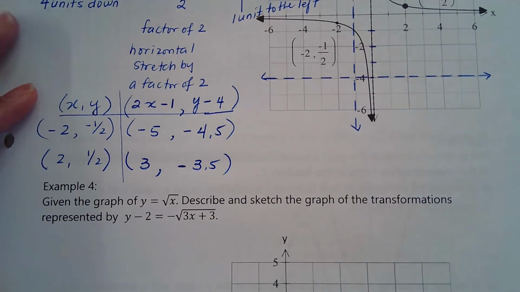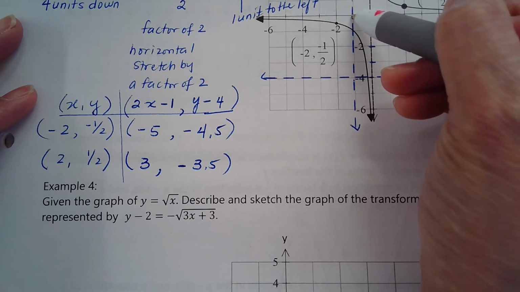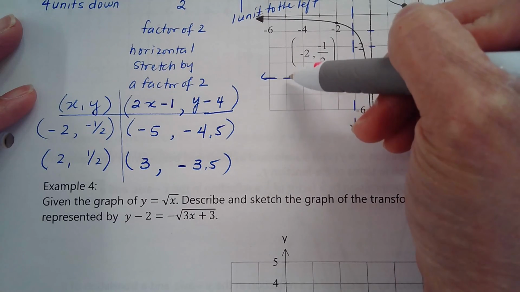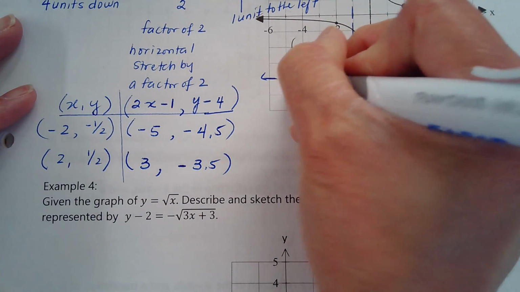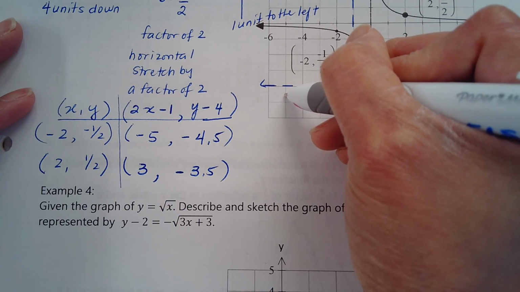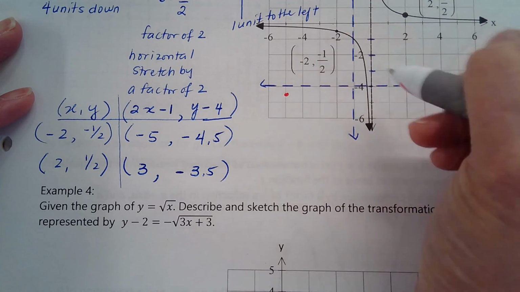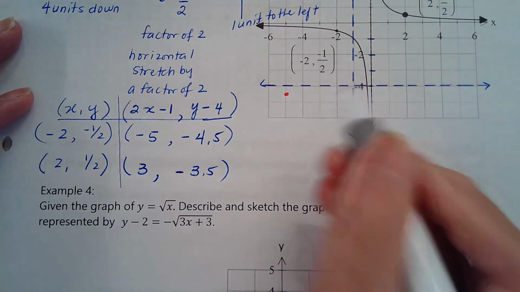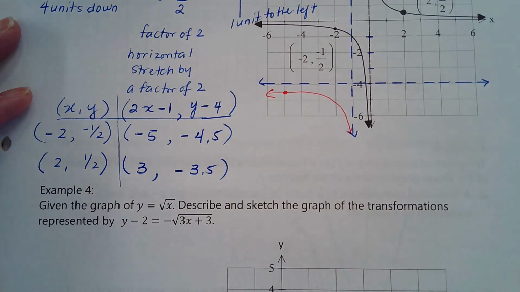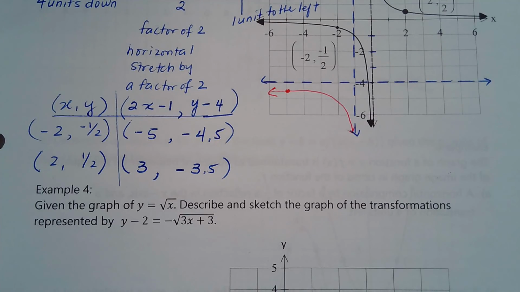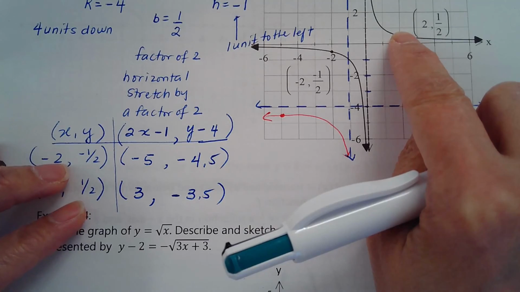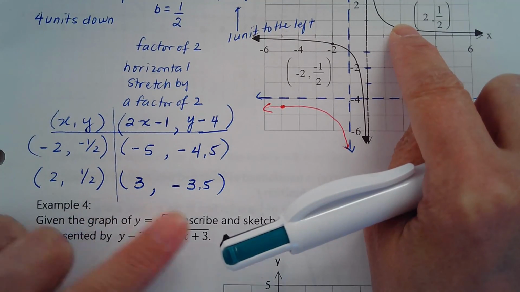So -5, 1, 2, 3, 4, 5, -4.5 right there. So this point here is now over there. Good? So this general shape here will be right there. Remember, we're sketching it. We're just using some points. And then what's happening in here? This point is now located where? 3, -3.5.